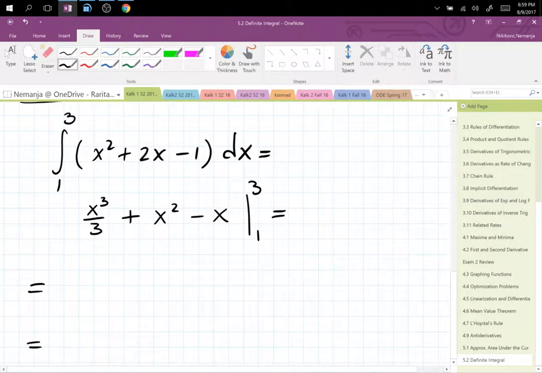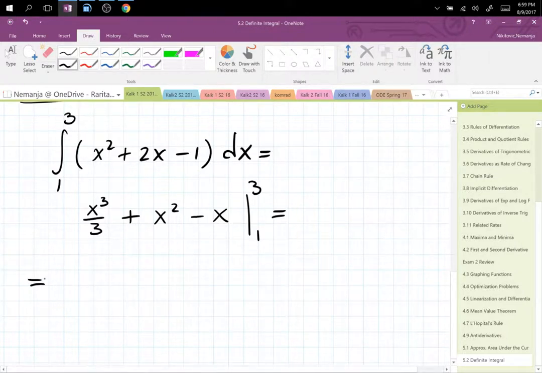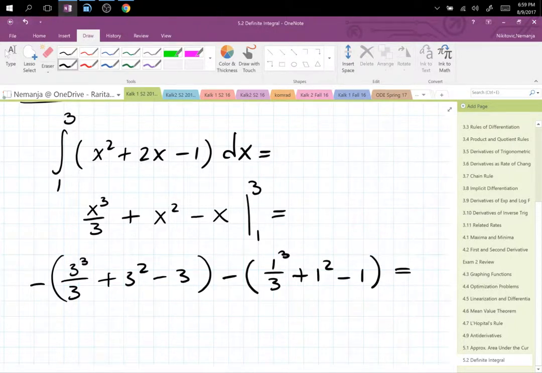What happened to the 2? It's x squared over 2.